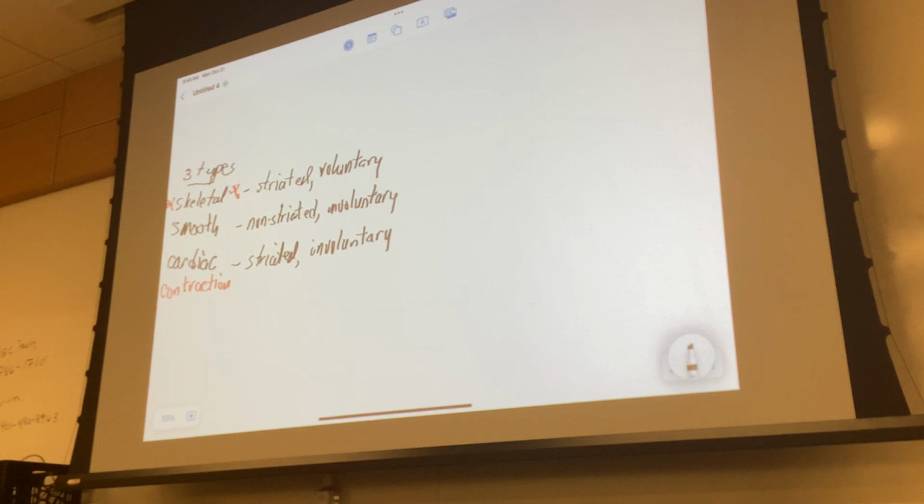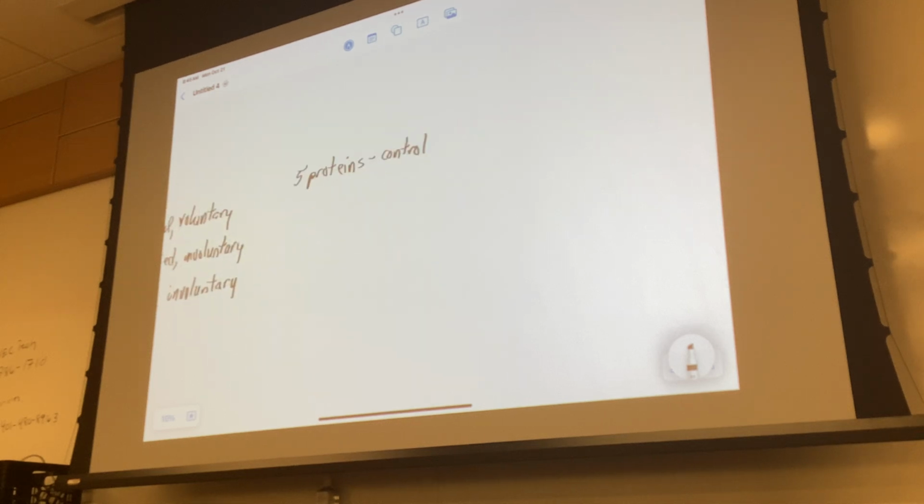When we're talking about skeletal muscle here, there are 5 proteins that control contractions.